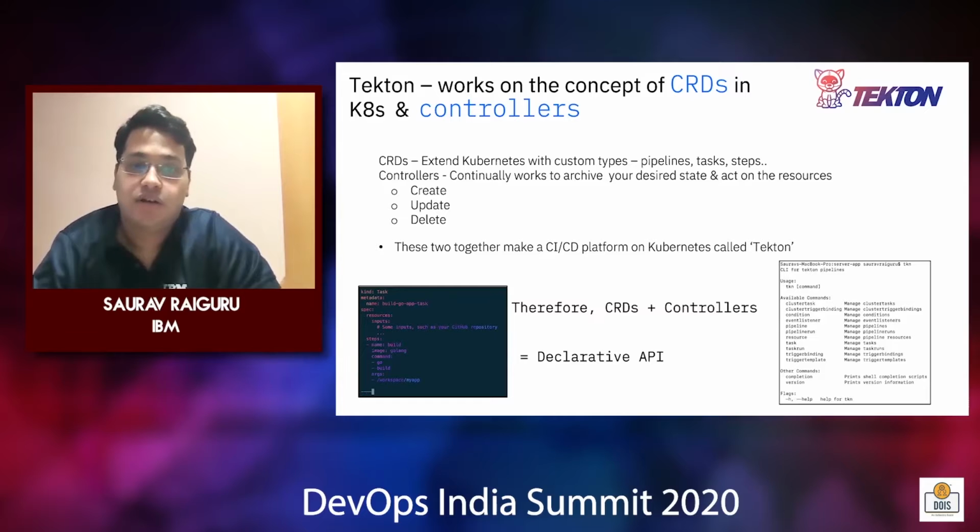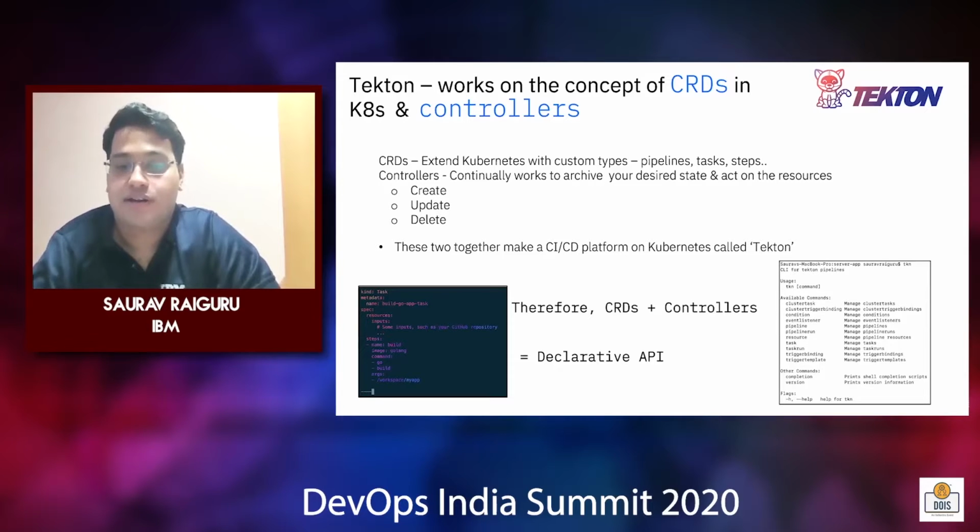The second is controllers, which are imperative to Kubernetes, by which you can achieve your desired state and act on resources to create, update, and delete them. Together, these two components create a declarative API, the tkn CLI, through which you can talk to your Kubernetes cluster and work on your custom resource definitions, which are your pipelines, tasks, and steps.